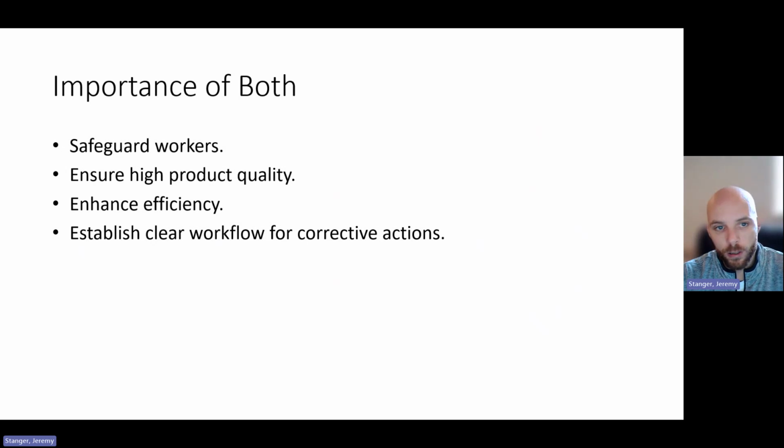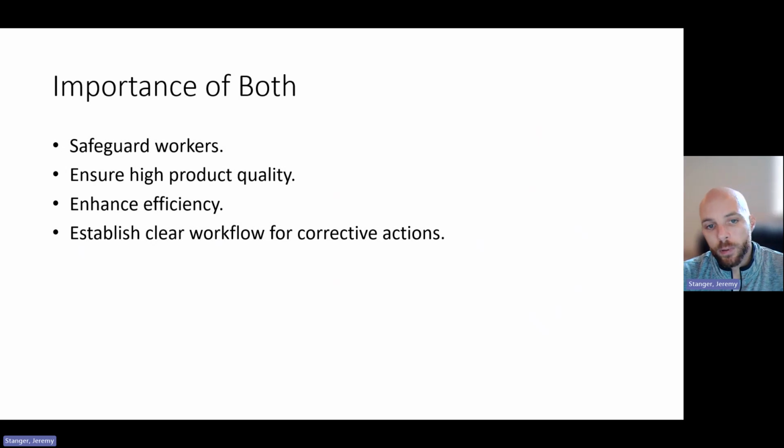So safeguards workers, ensure high product quality, enhances efficiency. I'm a firm believer that operating efficiency and safety go hand in hand. The more efficient you can be, typically the safer you are, right? You have things that are written out in a standard operating procedure.